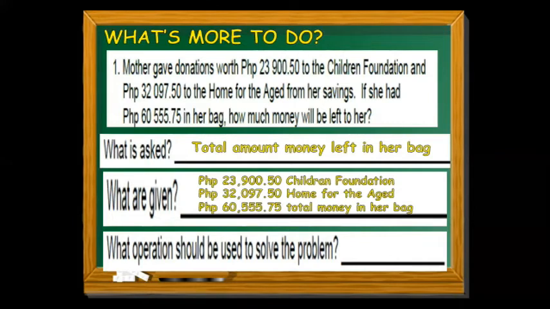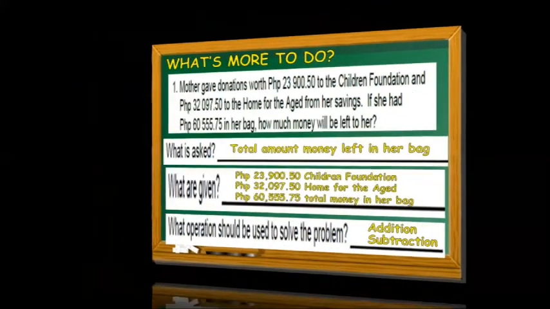So meaning to say, we will use addition. At pag nakuha na natin 'yon, yung total na ibinigay niya, ibabawas naman natin yon doon sa total na pera niya sa bag. So we're gonna be using subtraction. So the operation to be used is addition at subtraction. Mag-a-add tayo at the same time. Pagkatapos nating mag-add, magsusubtract naman tayo. So let's proceed to the next one.